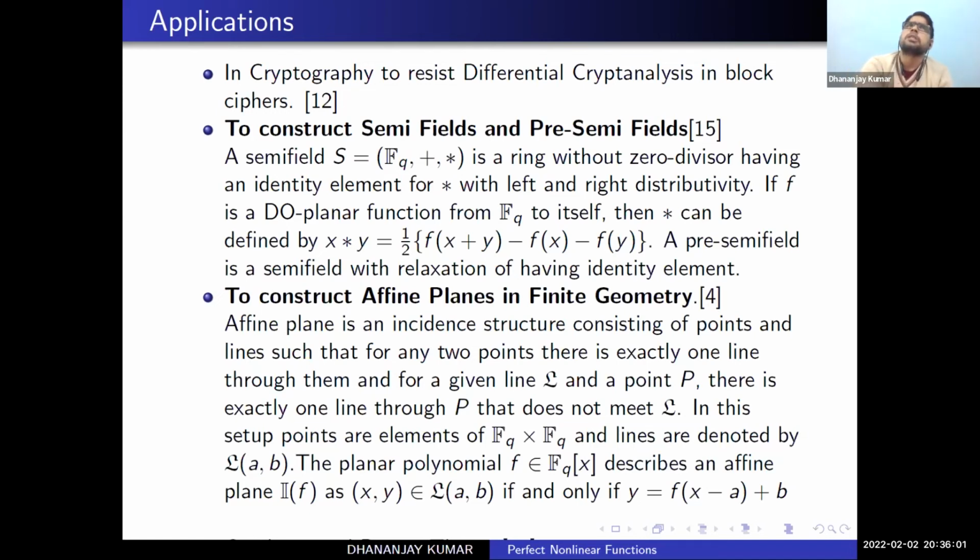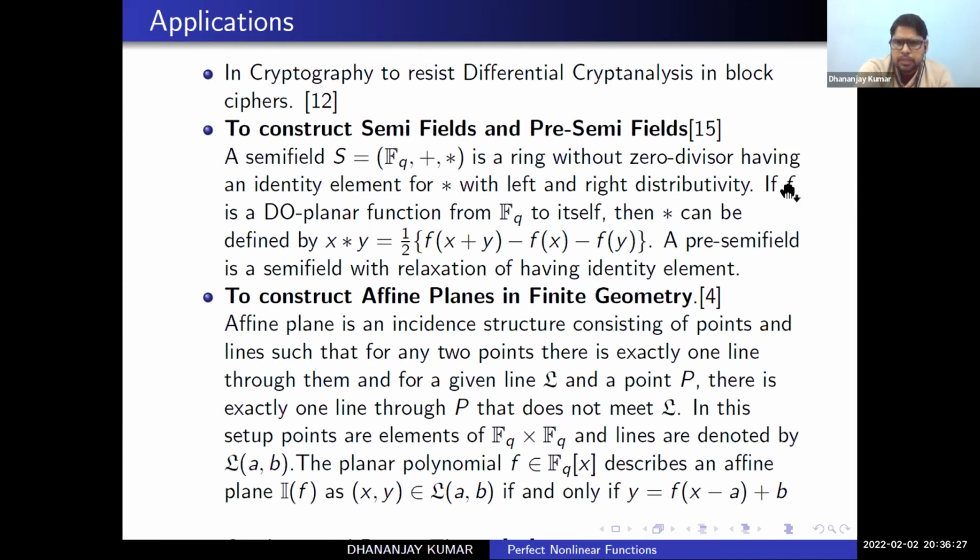Perfect nonlinear functions are used in cryptography in S-boxes to resist differential cryptanalysis, and in semifields and pre-semifields. A semifield S is a ring without zero divisors and having an identity element for this operation, with left and right distributivity.